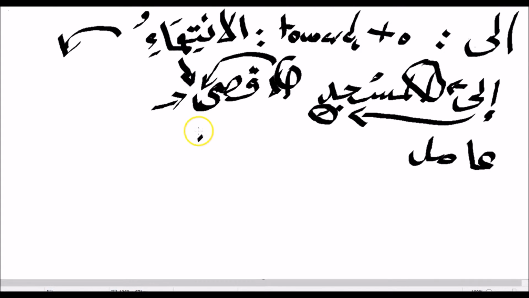It's not there. Because it's impossible for kasra to go on alif, which is the alif after sad here. It's impossible, therefore you don't see it. We'll discuss that at another time. So those four, we have min and ila.